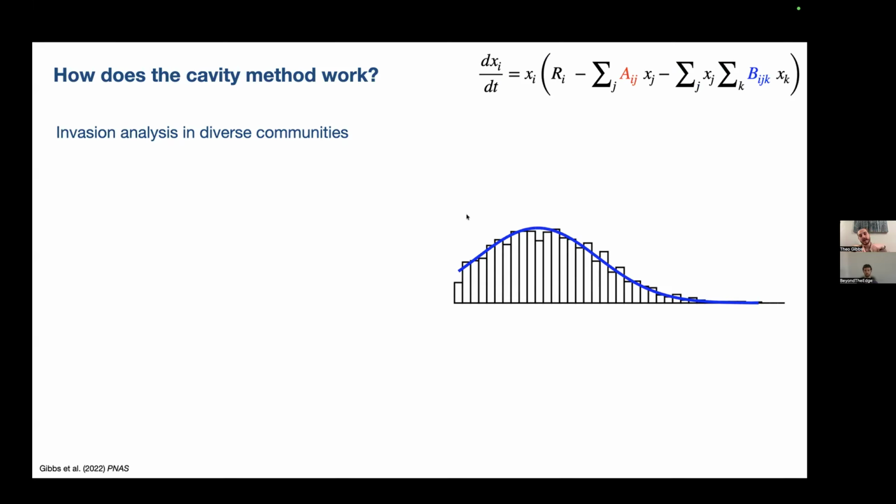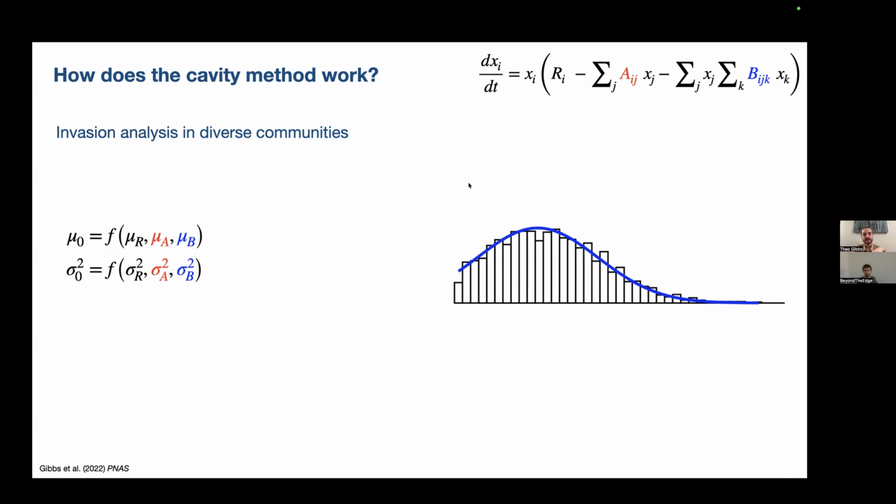And then you imagine a hypothetical invader to that community. And you just derive what are the statistics of that invader's possible abundances over the disorder in the interactions. And so you can write down some distribution, appeal to the central limit theorem, and you know that it's normal because it's the sum of a bunch of weakly correlated random variables.